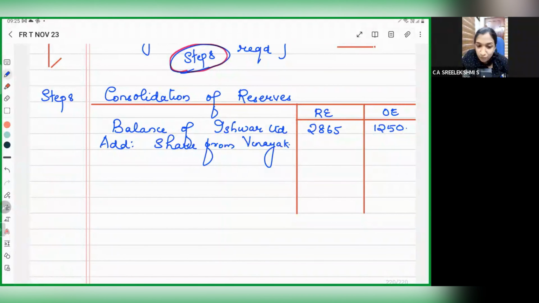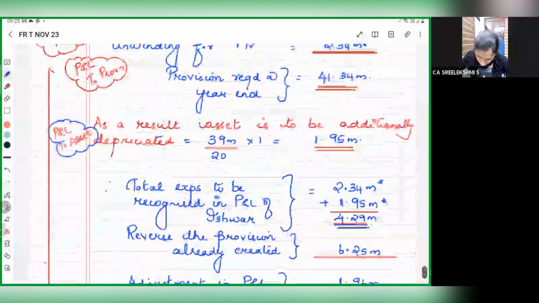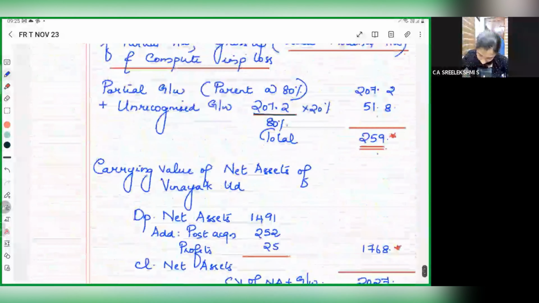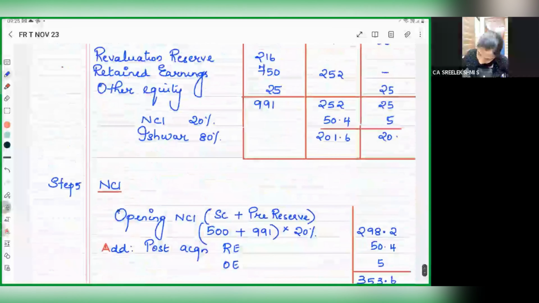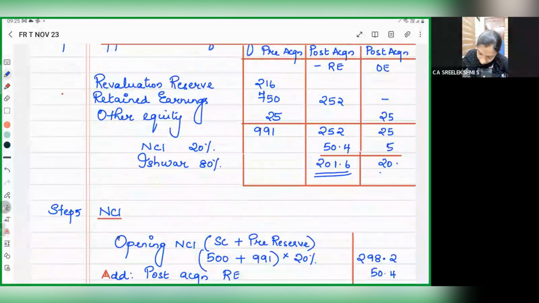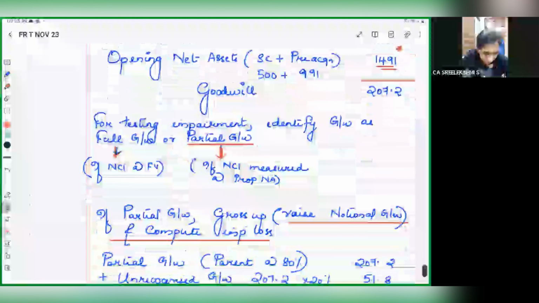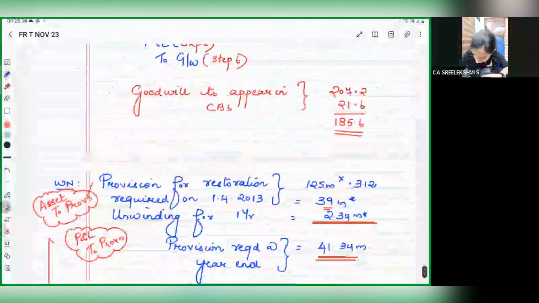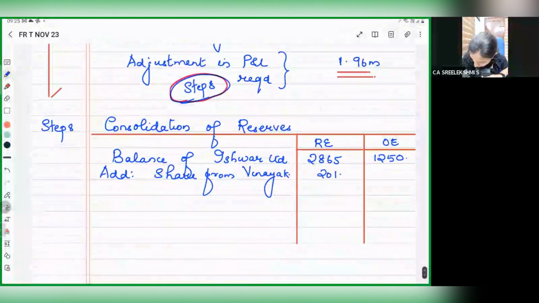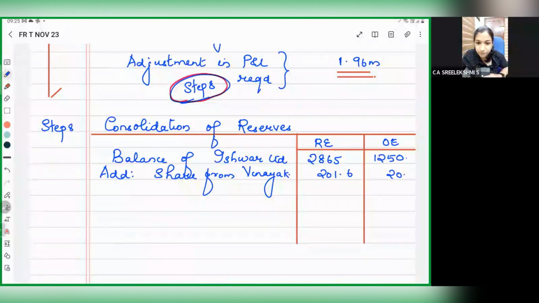What is the share from Vinayak? Go to step 4, where we have identified it. 201.6 and 20. Then remember the adjustments.